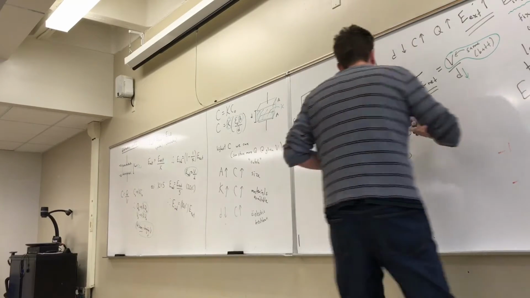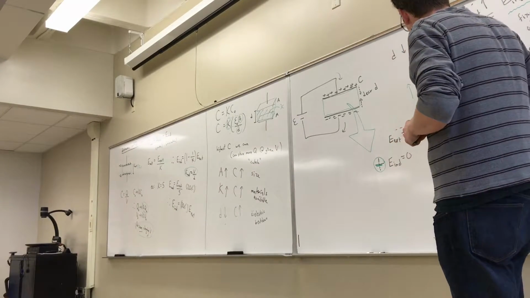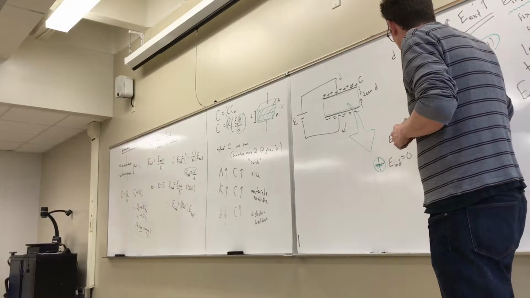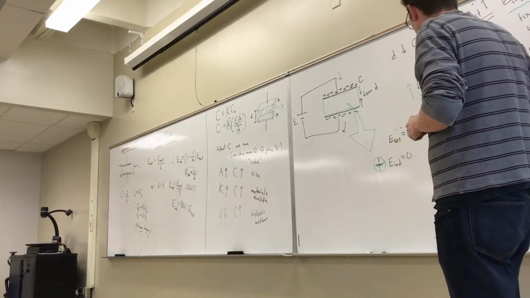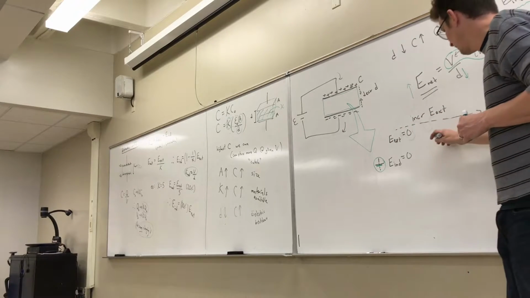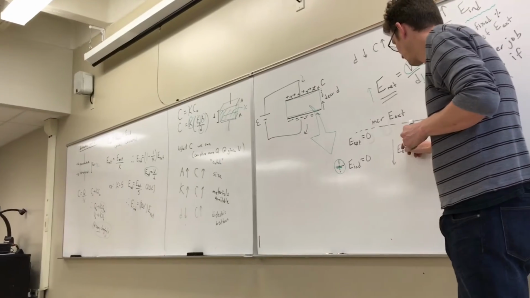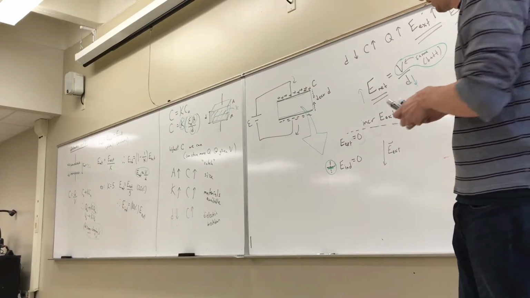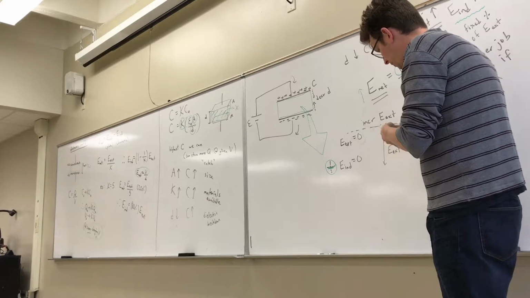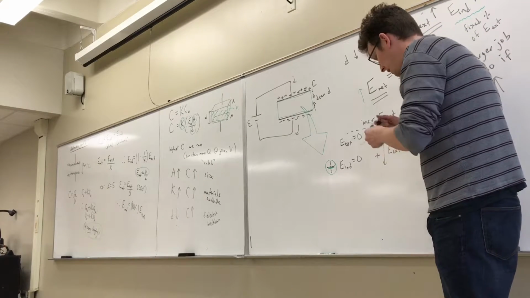But now, let's increase the E external and see what happens. So let's say E external is something like that. So we take a look at an individual molecule, and what's going to happen is something more like this.